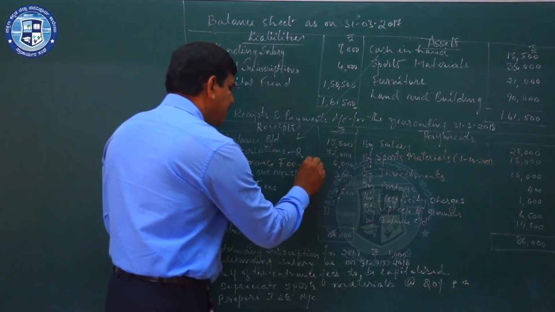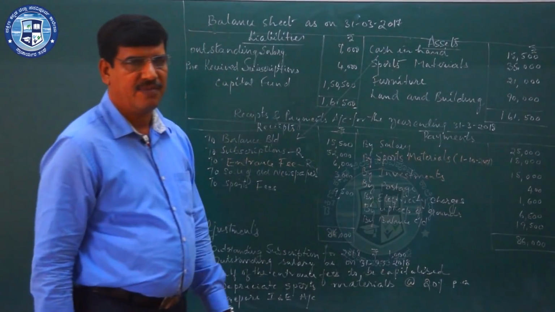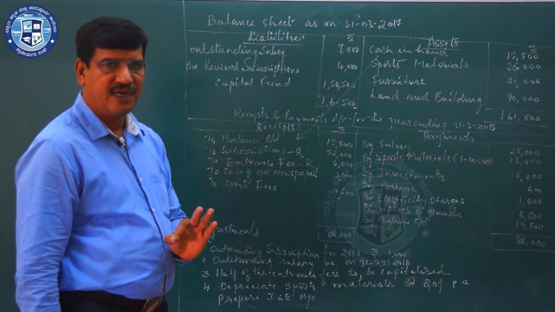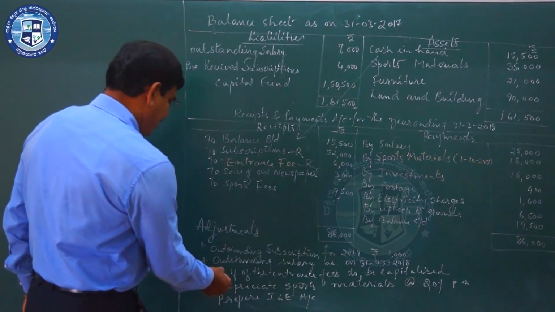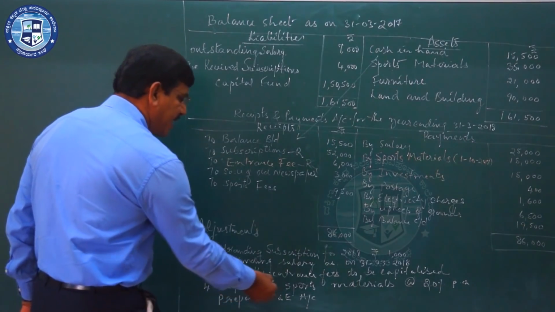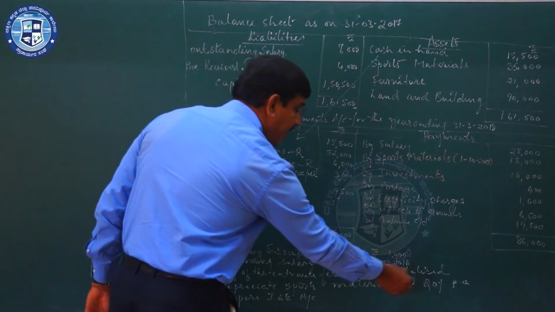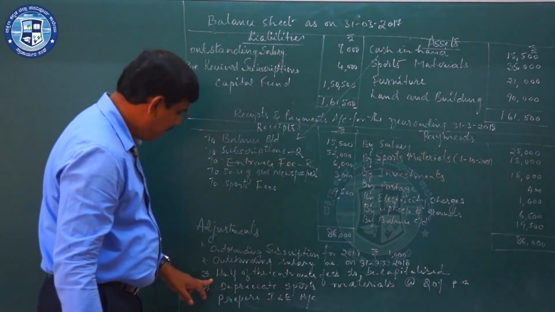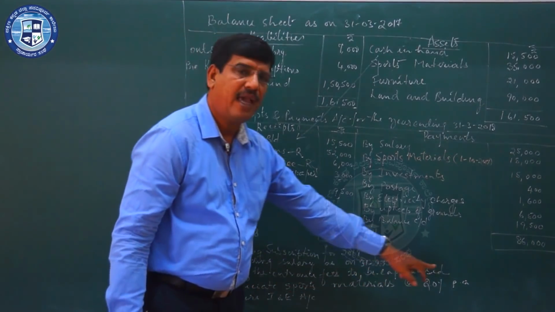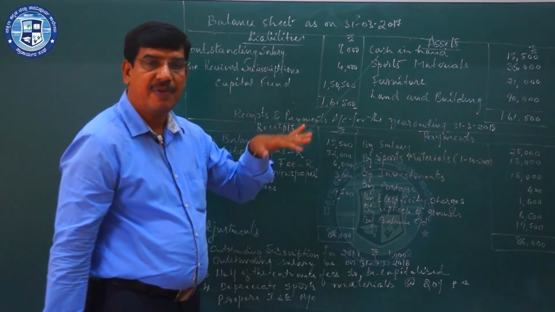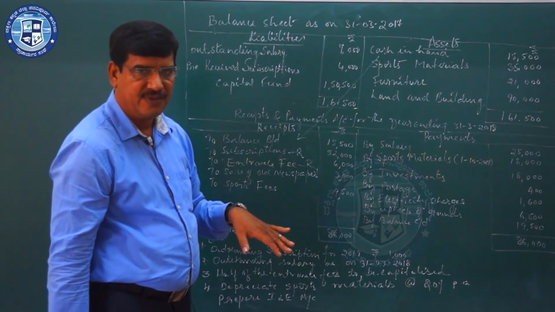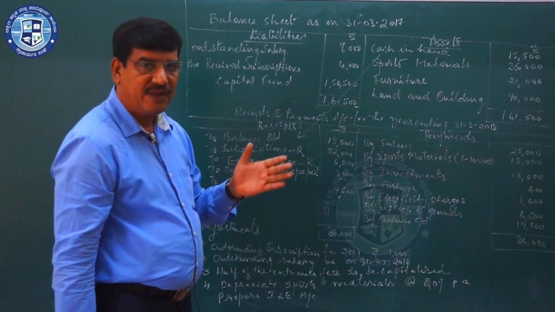But if it is given in the adjustments that half of the entrance fees are to be capitalized, capitalized means they have to be added to the capital fund in the balance sheet. So they are capital receipts.